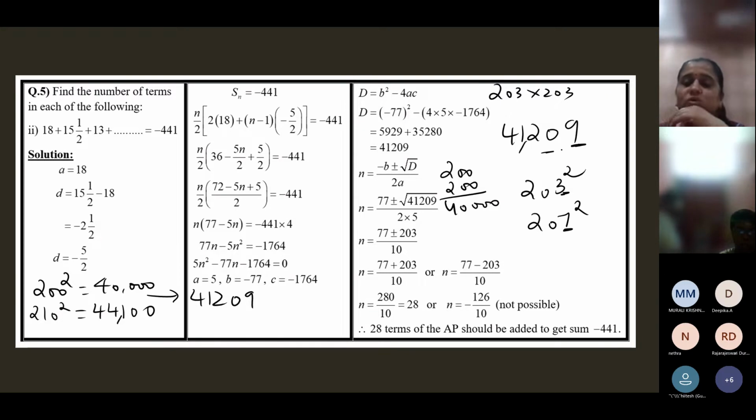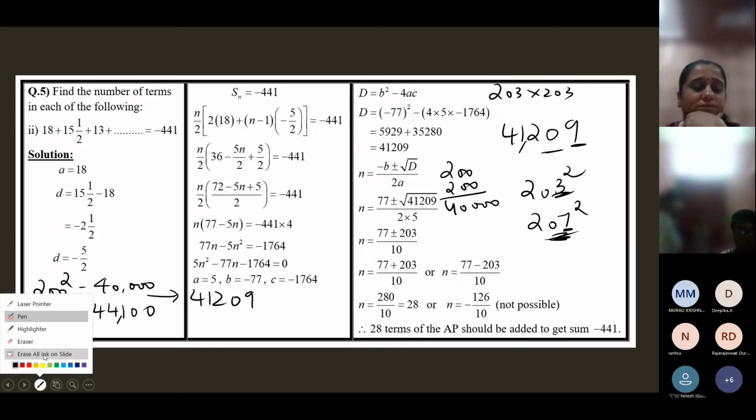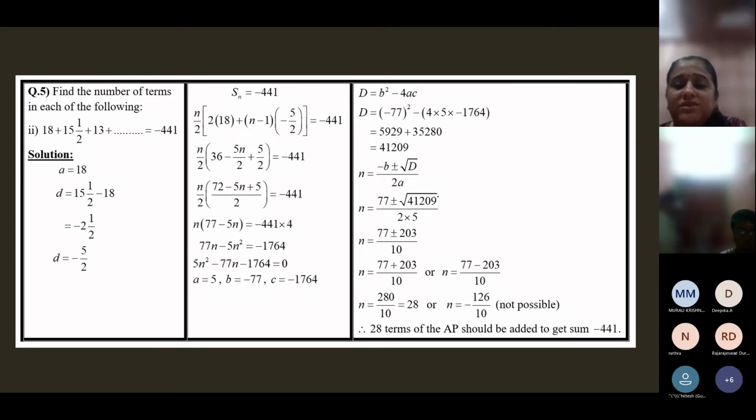If you don't get it here, you should get it with the other. Understood, ma'am. So children, I'll repeat that. You can estimate the square root of 41,209 only with the perfect square. So I said 200 square is 40,000.